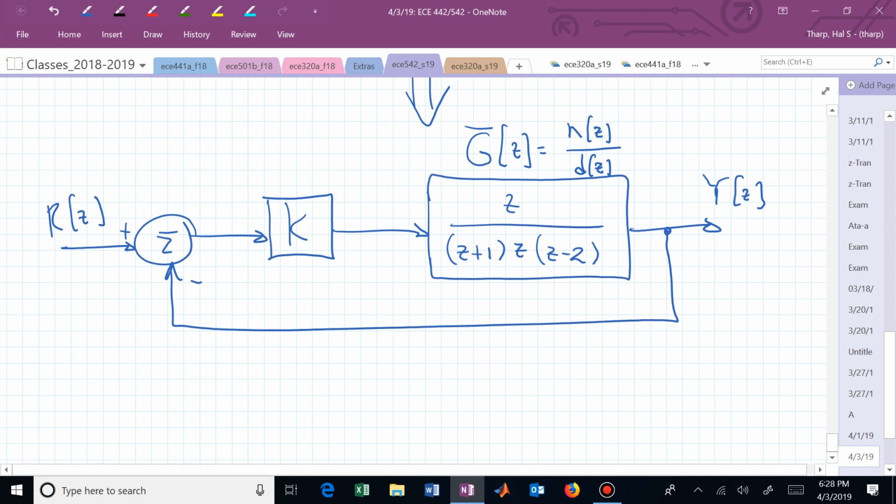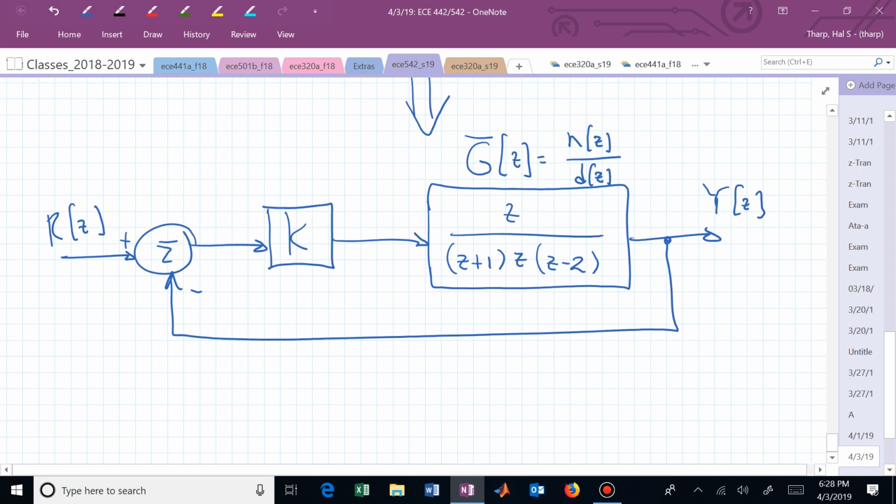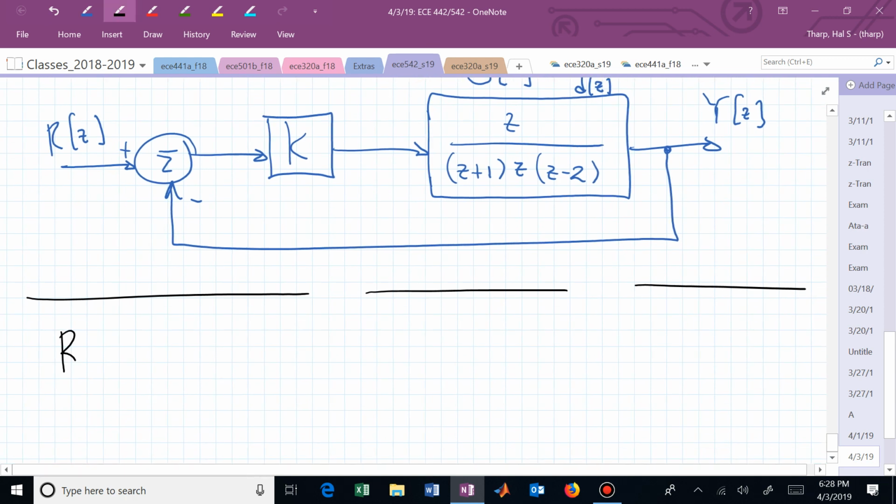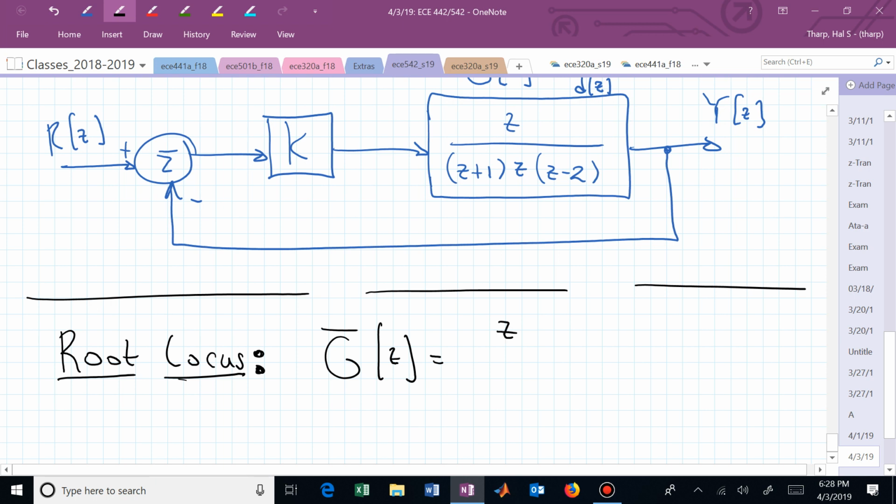And what's the root locus look like for this example? Well, this one you can, I think, already see what the root locus is going to look like. But let's now look at the root locus for this system now that we've incorporated our generalized notation. Now we have a G bar of Z that is now Z over Z, Z plus 1, Z minus 2. The Z's cancel.